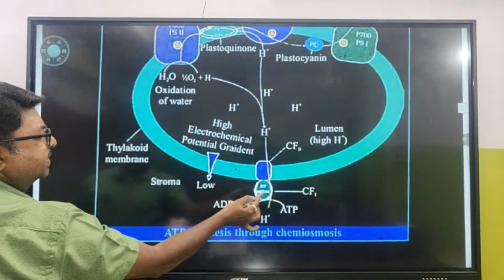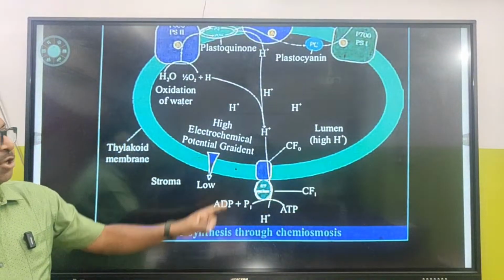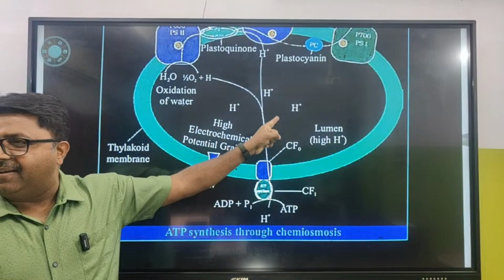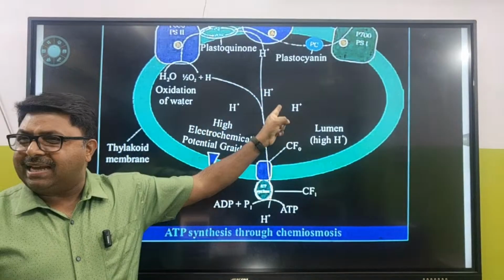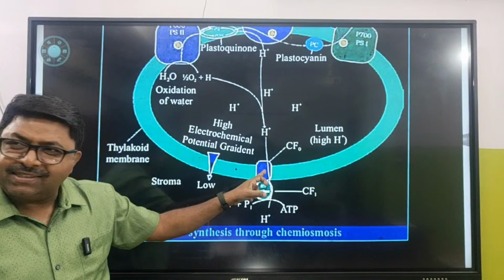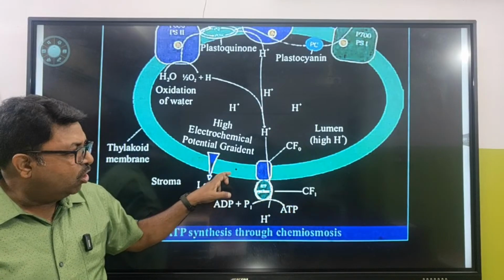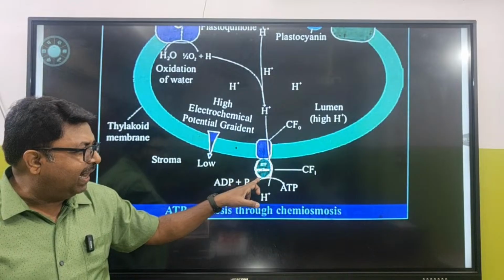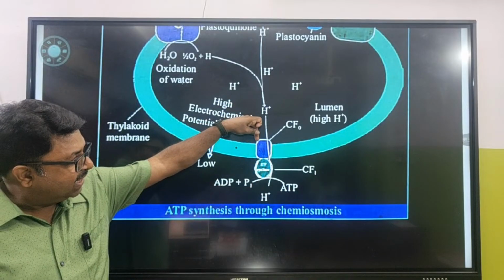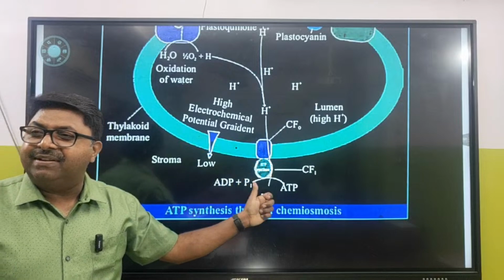Come on, what is this? You have maintained the same thing. What you have maintained? H plus ion gradient. What is this? CF0. What is this? CF1. What is this? Lock gate. And lock gate is coupled with what? ATP synthase. The moment the H plus ion gets in, it activates the turbine.